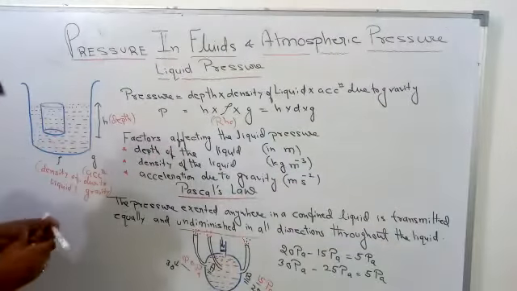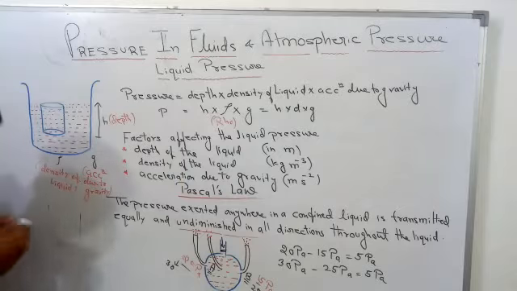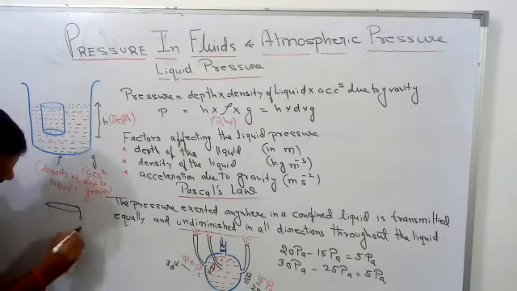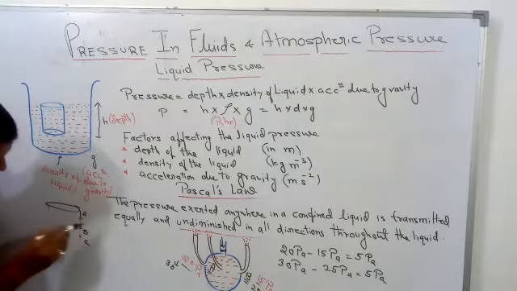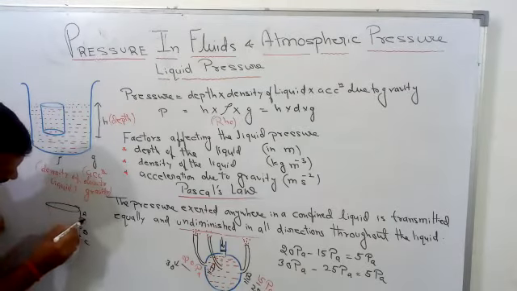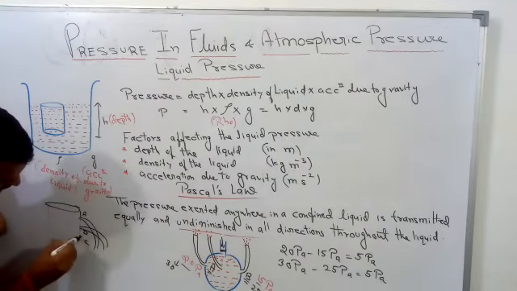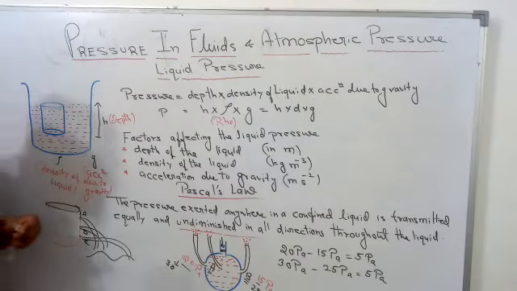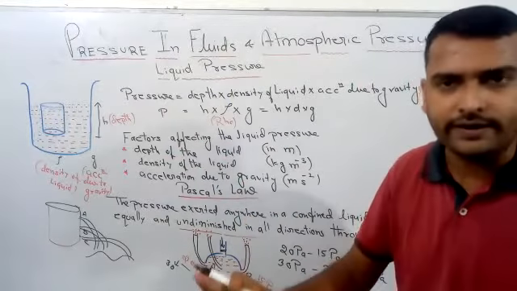What is the conclusion? See here, I am taking one container and making different holes: one hole here, a second hole here, and a third hole here, A, B, and C. Water from hole A drops near, water from B a little farther away, and water from C much farther. This means pressure in the liquid is different at different points and positions.